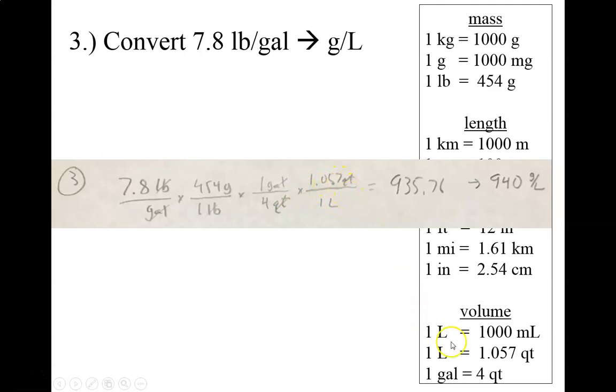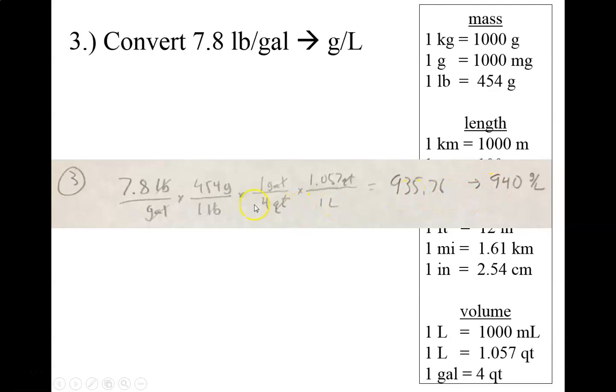So I play my 1 liter equals 1.057 quarts card. I play quarts on top to cancel out with the quarts on the bottom. To put this in my calculator, I do 7.8 times 454 times 1.057 divided by 4. That gives me 935.76, rounded to 940.